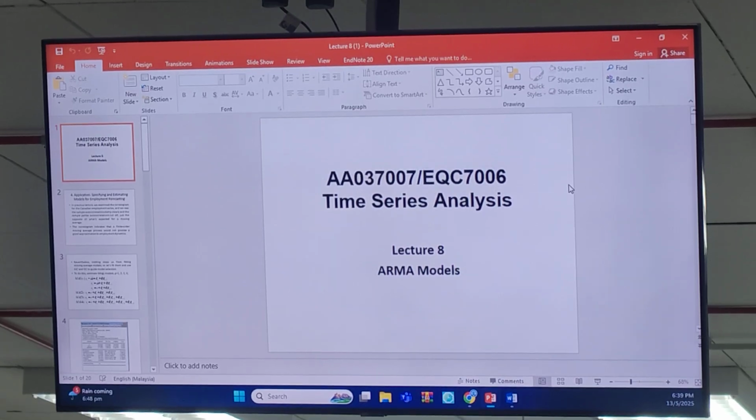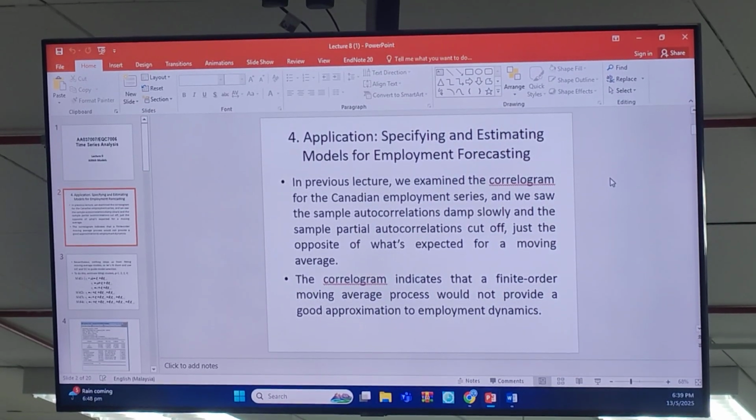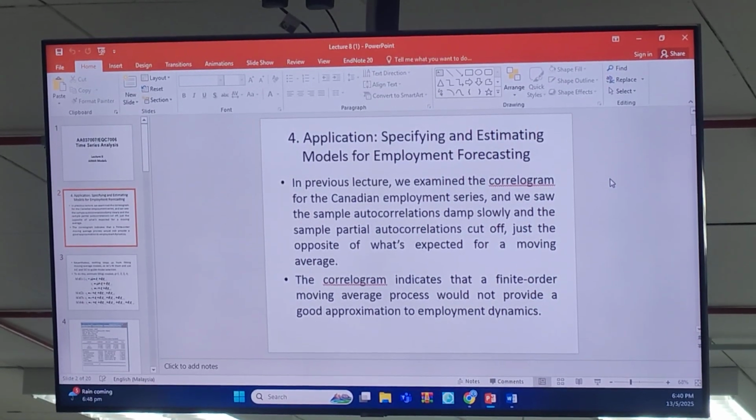Alright, so lecture 8 is on the application part. We use the same data I used before, the Canadian employment series. In the previous lecture, I think lecture 6, we had the correlogram for the Canadian employment series, and we saw the sample autocorrelation reduce slowly, and the sample partial autocorrelation cut off, just the opposite of what is expected for a moving average.